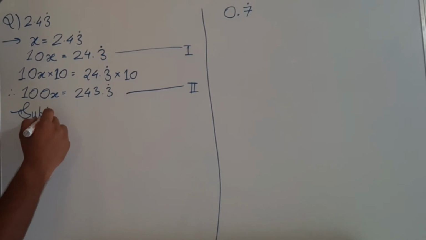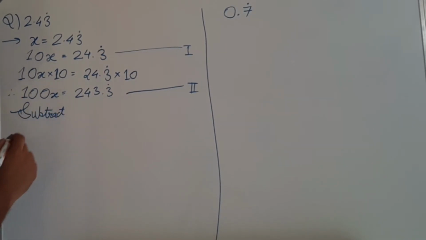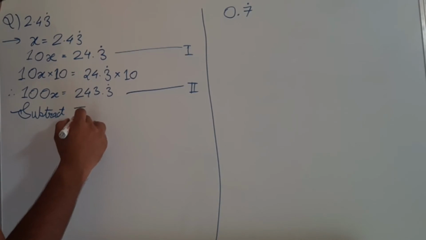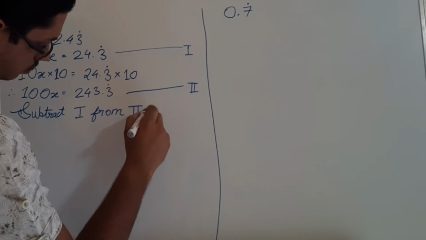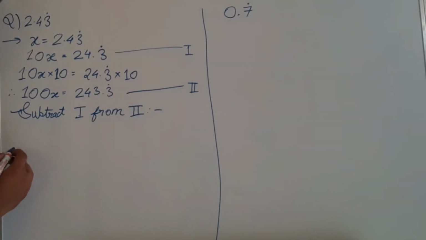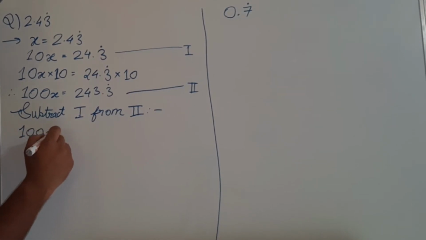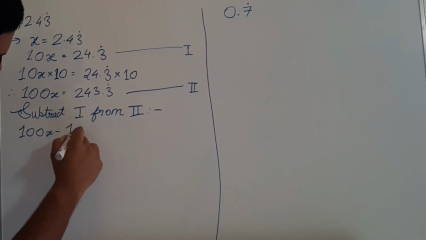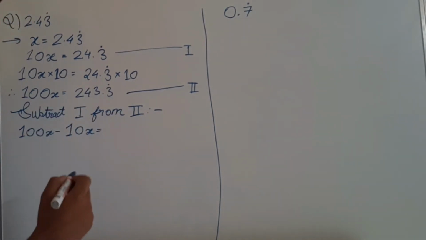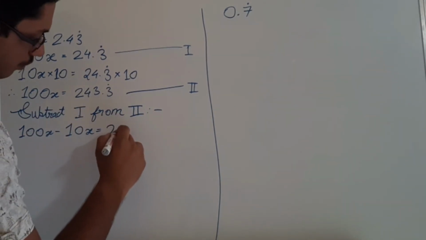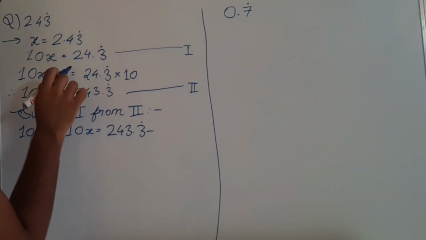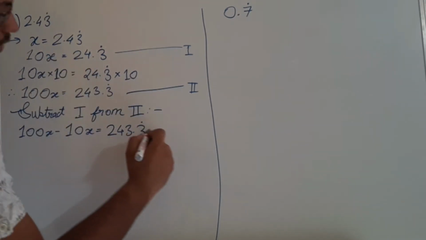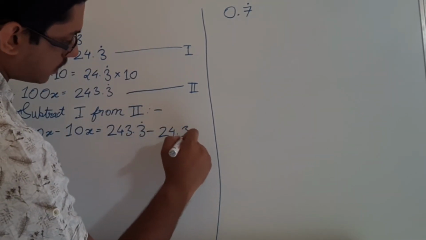Subtract 1 from 2. So 100x minus 10x is equal to 243.3 dot minus 24.3 dot.